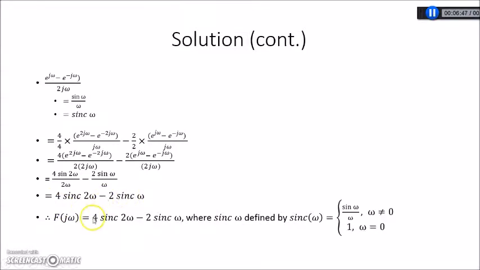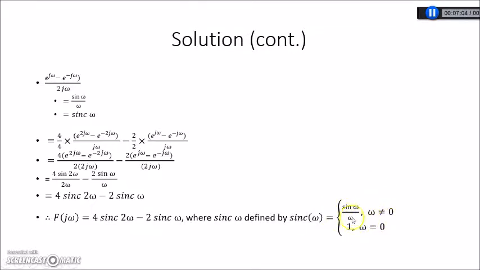So our Fourier transform is equal to 4 sinc 2 omega minus 2 sinc omega, where sinc omega is defined as sine omega over omega when omega is not equal to 0.